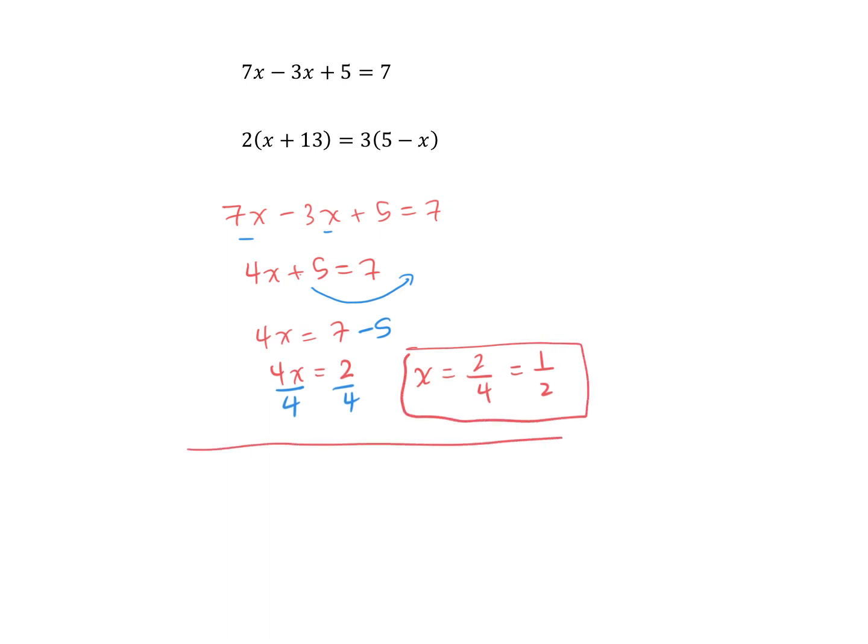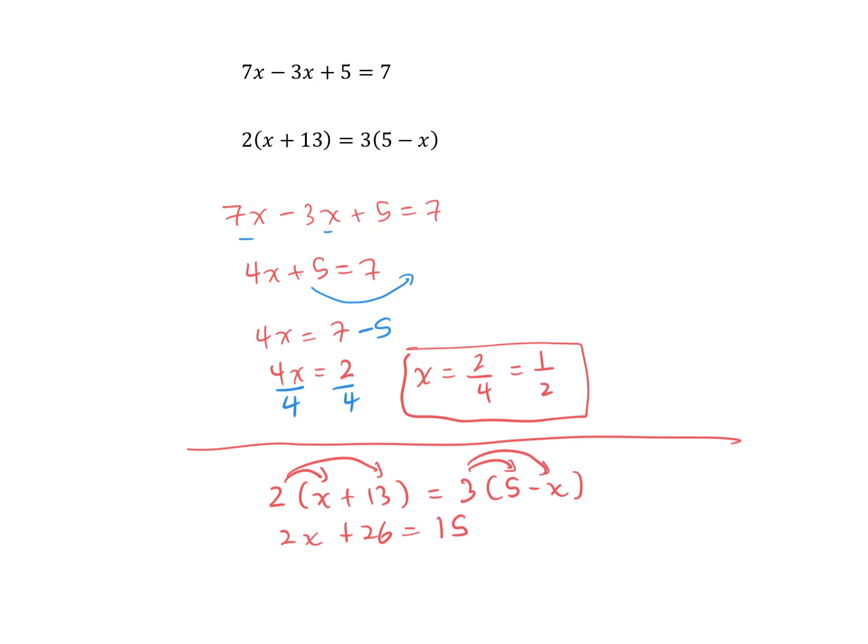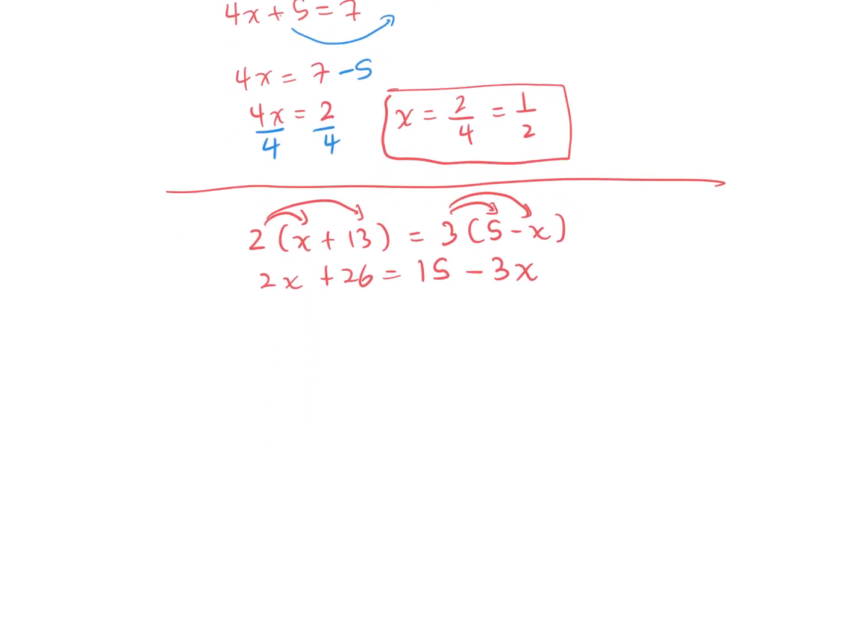Okay, and let's do this last one. Okay, so remove brackets. 2 times x, 2 times 13, 3 times 5, and 3 times negative x. Okay, so expand brackets.